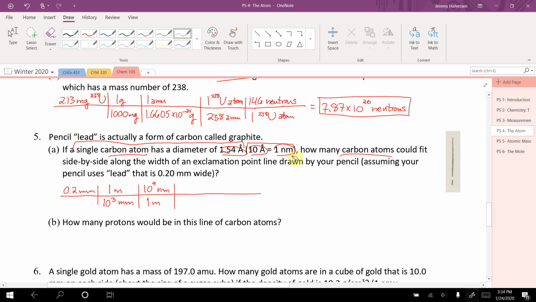Then 1 nanometer is 10 angstroms. And lastly, there's 1.54 angstroms in 1 carbon atom. Just like that, we've converted our length of 0.2 millimeters into carbon atoms.